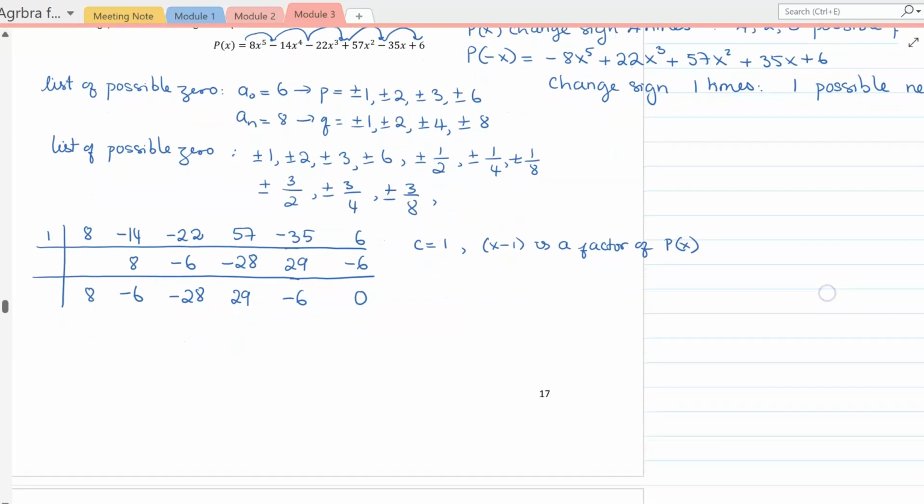So then I can write p of x equal to x minus 1 times 8x to the 4th minus 6x to the 3rd minus 28x squared plus 29x minus 6.